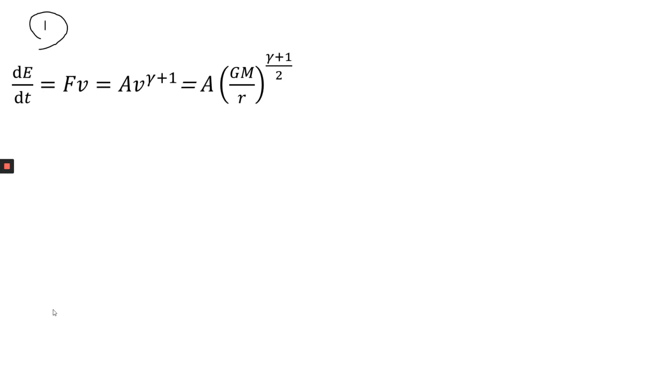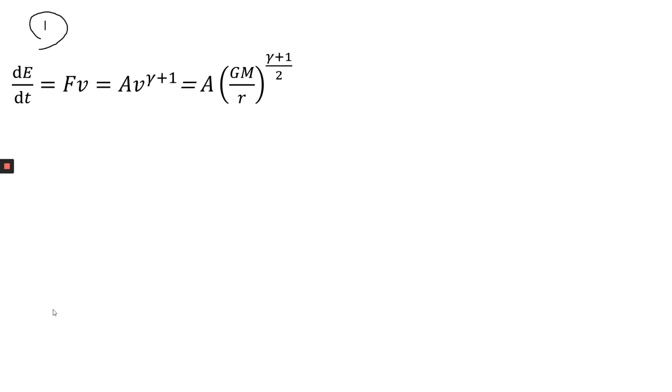So let's denote E as the total energy of the satellite when it orbits the Earth in the atmosphere. The only external force experienced by the satellite is this viscous force, so the change in total energy results only from this viscous force.